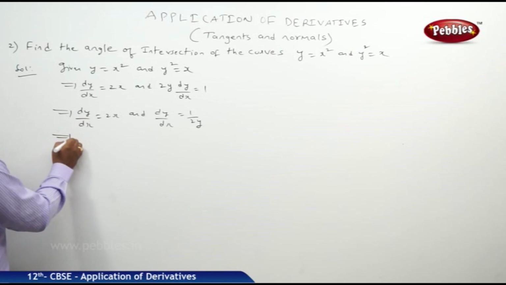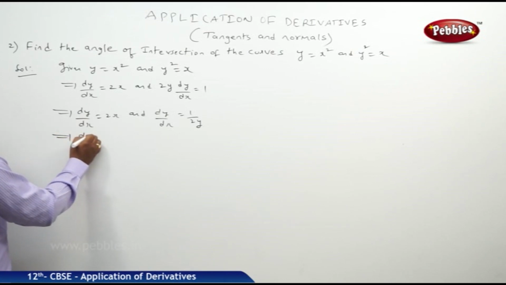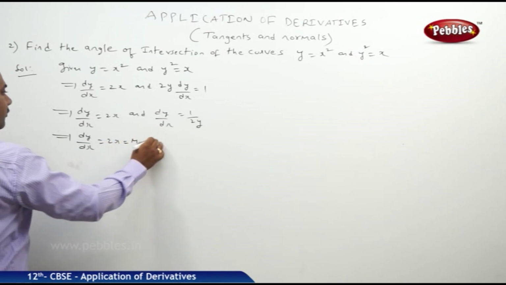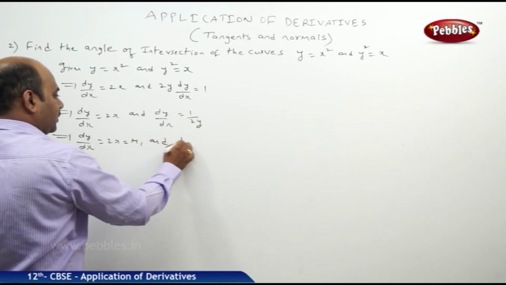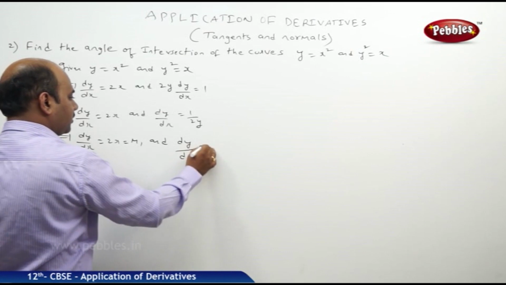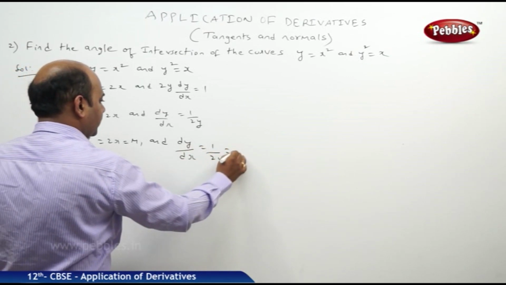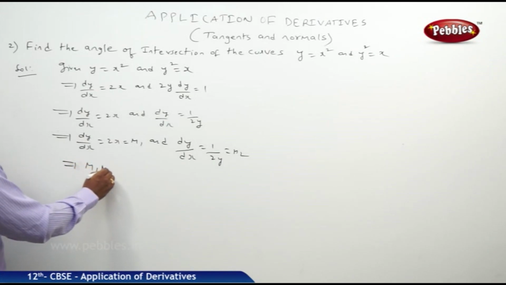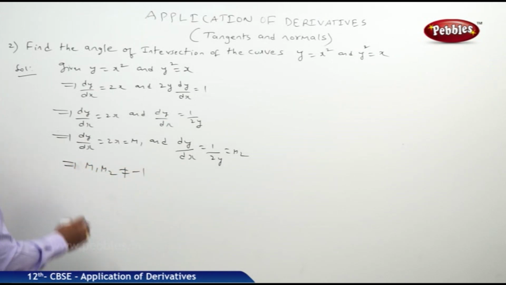If I call the first dy by dx equal to 2x as m1 and the second dy by dx equal to 1 by 2y as m2, what can I observe? m1 m2 is not equal to minus 1.